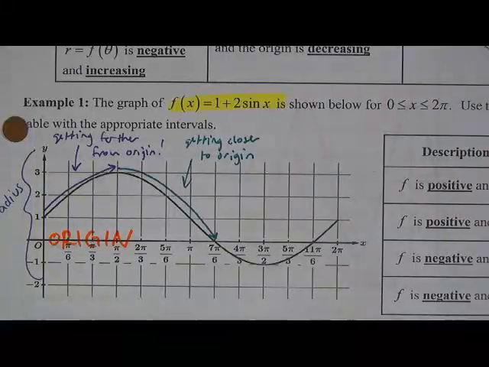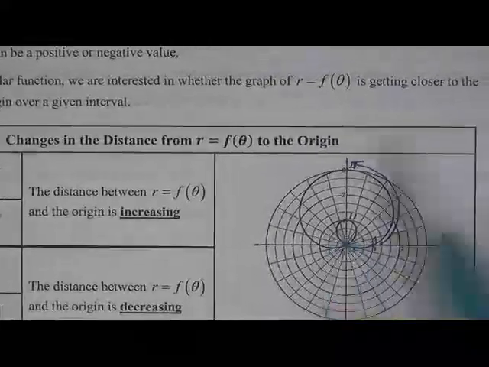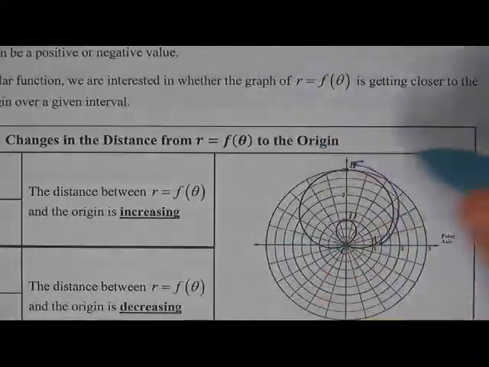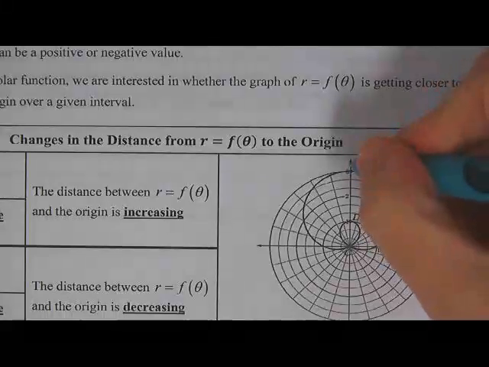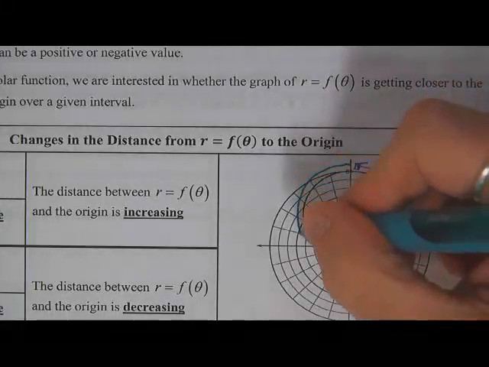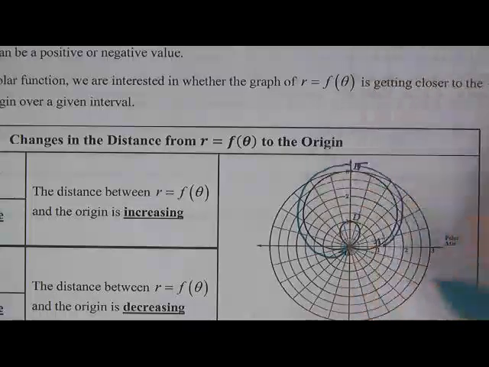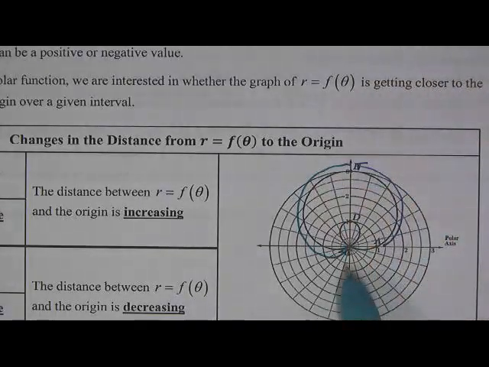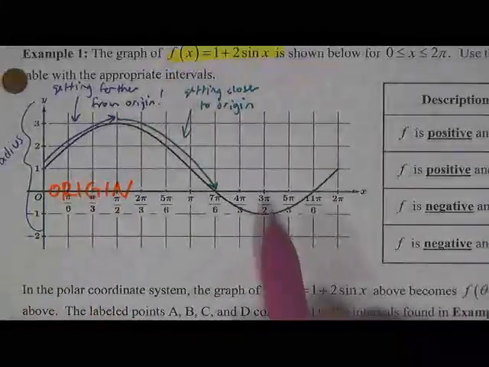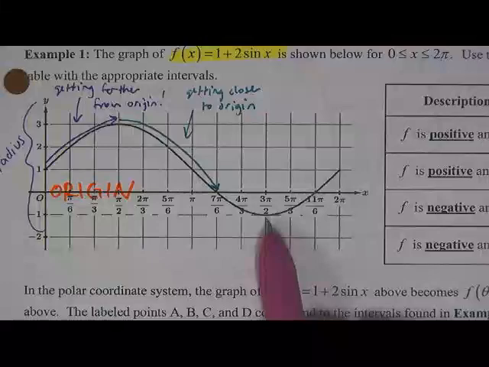Well, on the polar graph, so I'm going to use that same color. On that polar graph, here is where that piece of the graph shows up over here. From the top, spiraling back all the way to the middle, to the origin. And then this part of the graph is like that little loop, because here's what's going on with the little loop.